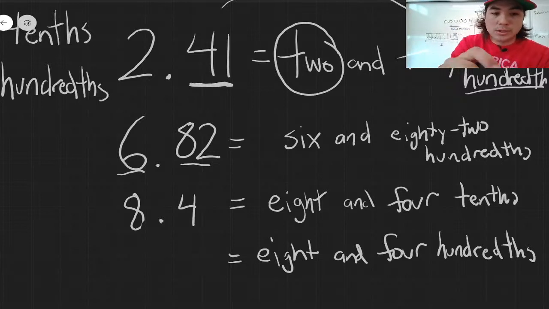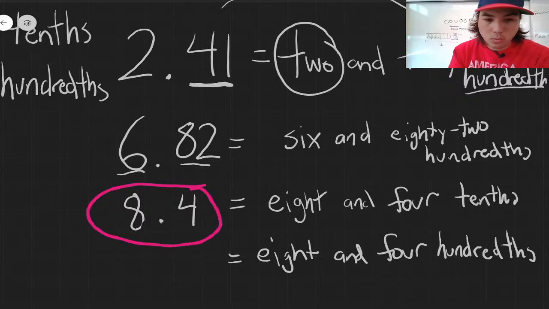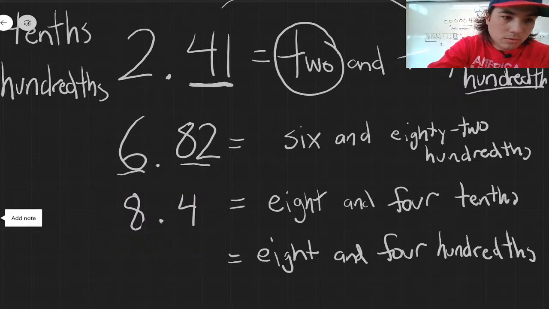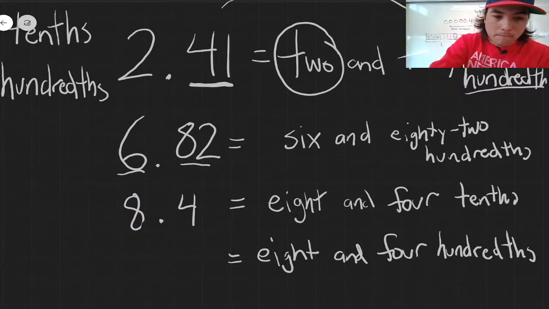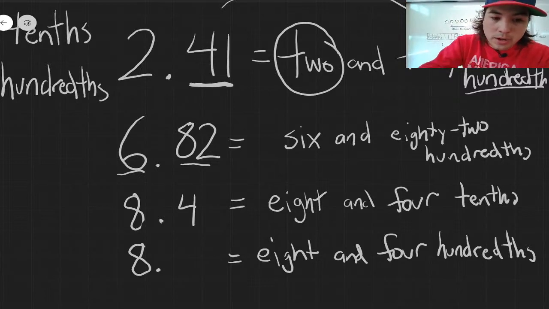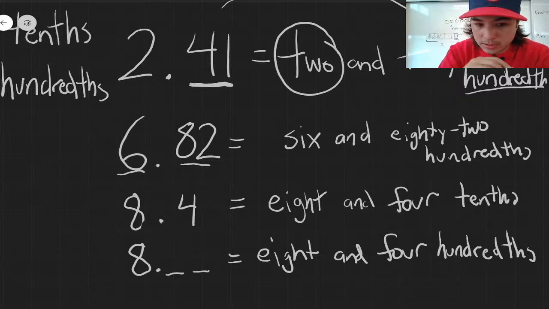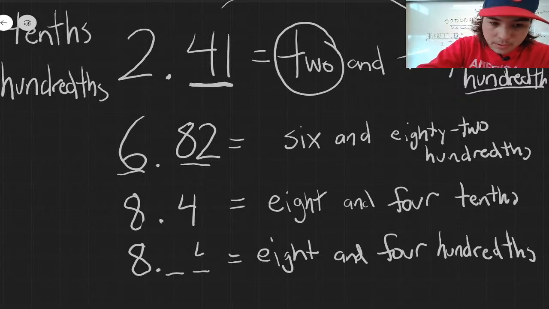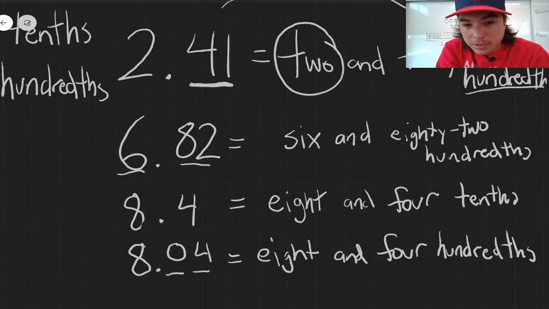If 8 and 4 tenths looks like this, what would 8 and 4 hundredths look like? We'd have our 8. And because we have 4 hundredths, we know we need 2 places, right? We need to go to the hundredths place with our 4. And then in the tenths place, that means there's a 0 as our placeholder.